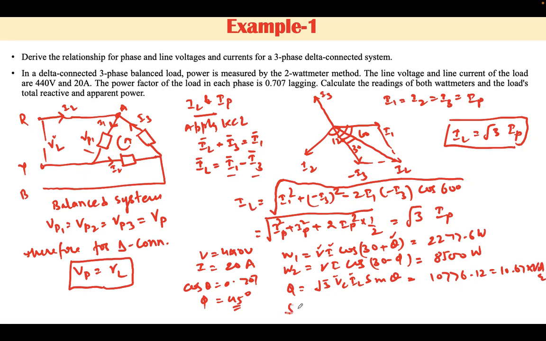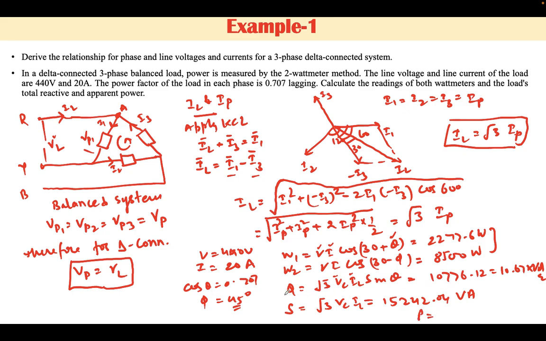Now S will be equal to root 3 VL IL, which is equal to 15242.04 VA, and if we want to find out P, it will be the sum of these two.